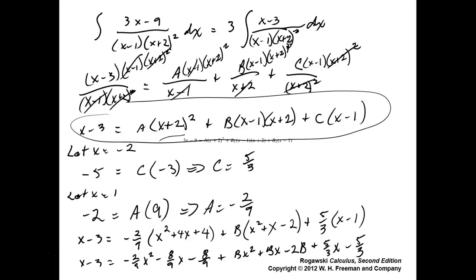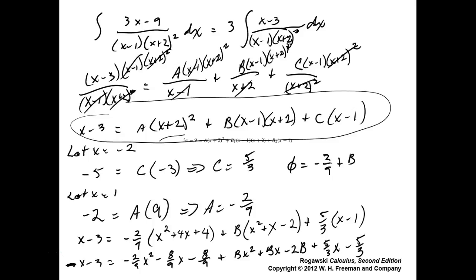Now, it doesn't matter which term you take. If one's easier than another, go for it. But let's just take the x squared terms. What's the x squared term on this side? There is no x squared term, that's an x minus 3. So 0 on the left is equal to the x squared terms on this side, negative 2/9 plus B, the only two x squared terms on the right-hand side.